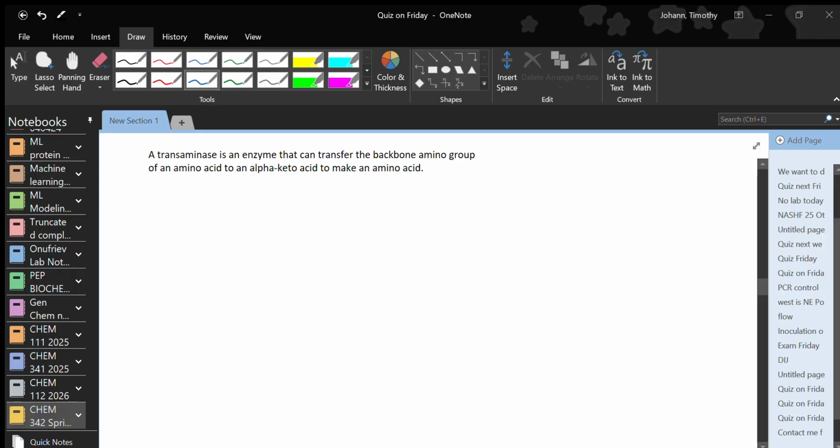So an important reaction in your body is that you could have any particular amino acid, all right? So let's say I had serine.